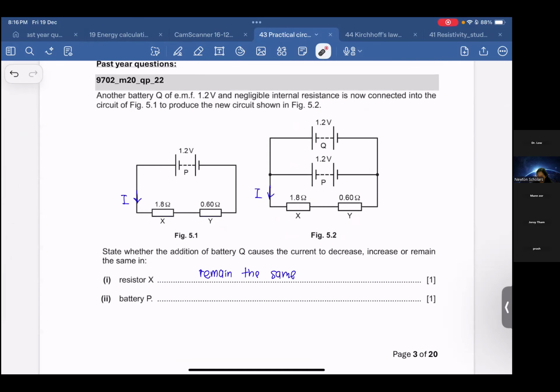Then how about battery P? What is the current provided by battery P? Because here two batteries are connected in parallel, half of the current, I over 2, is enough to provide the total current I. So the current in battery P should decrease.